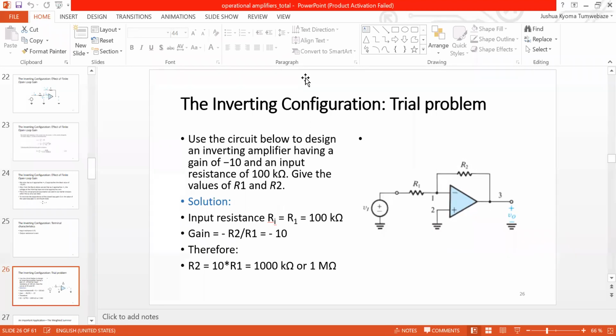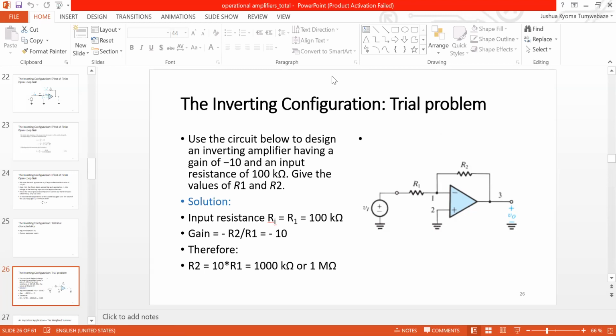The output resistance is 0. Okay. Did you attend the class last week? No, but I read through the slides. Okay.